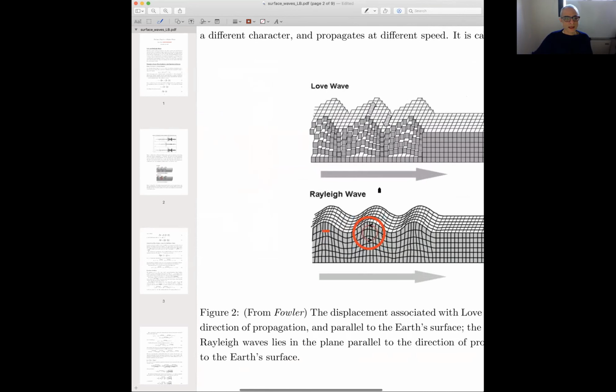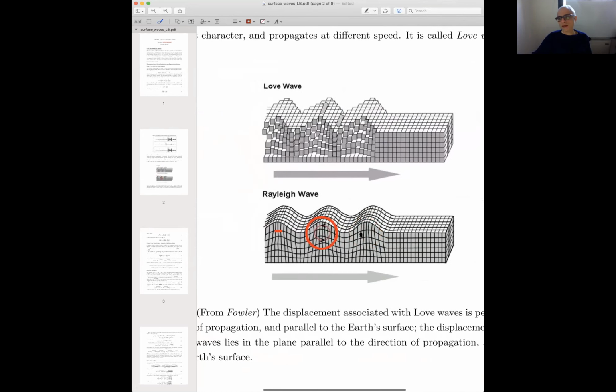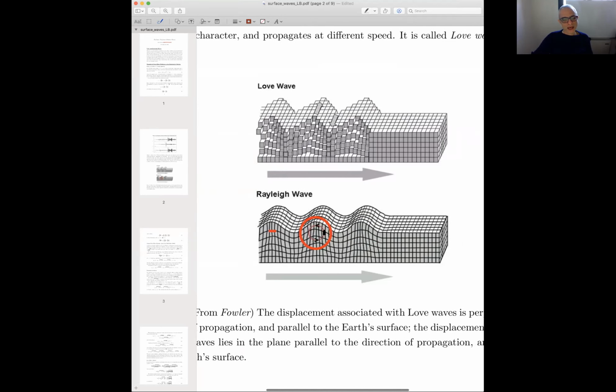So a Rayleigh wave looks very much like a wave in the ocean, actually, in a first approximation, except that, and it would be very complex to explain mathematically why, but we are able to do that now. If you look at the motion like that, for the Rayleigh wave, you have a counterclockwise motion.